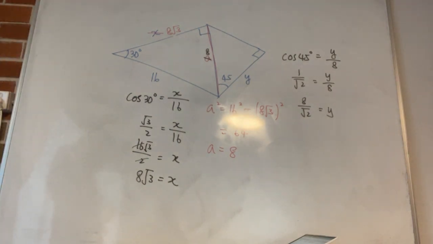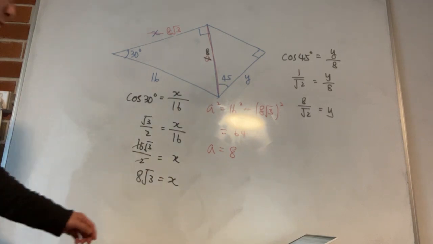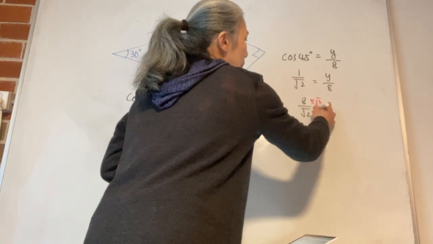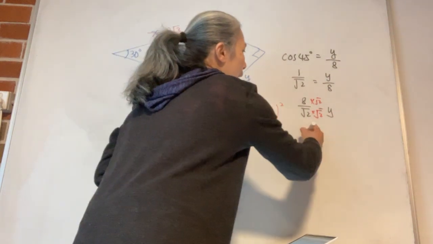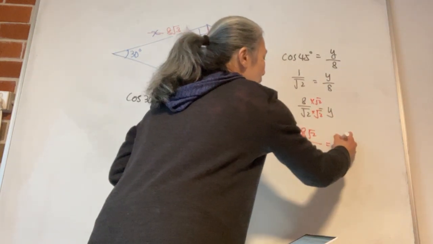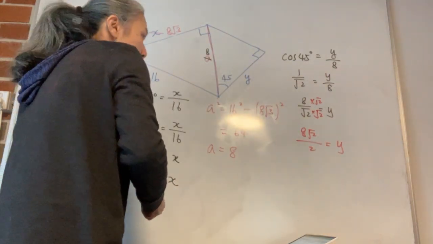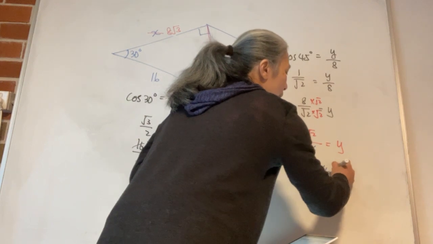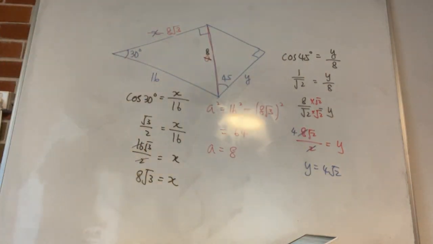And in here I know I can rationalize the denominator, I might do that. So times root 2 to the numerator and times it to the denominator. So I'm going to get 8 root 2 on 2 equal to y. Cross out the 2 and the 8, so y equal to 4 root 2.